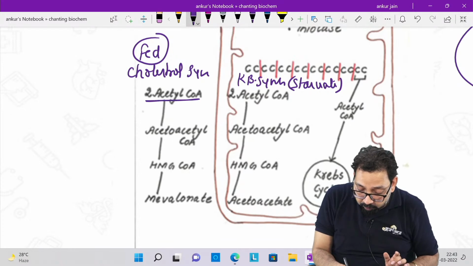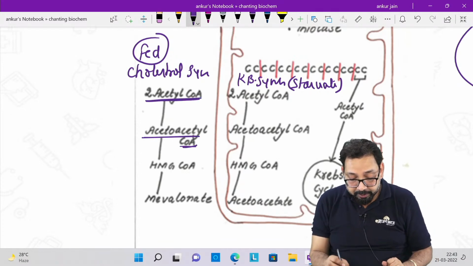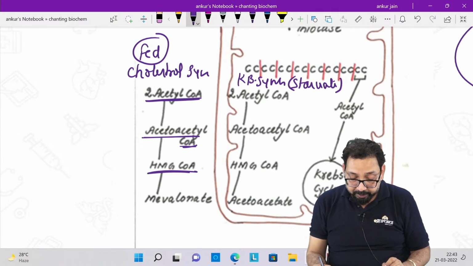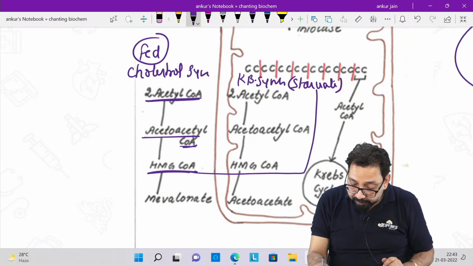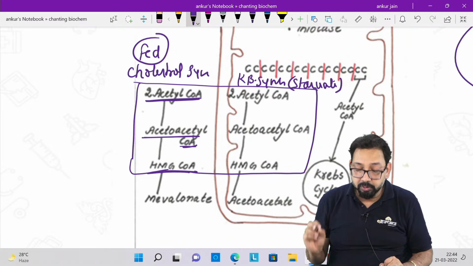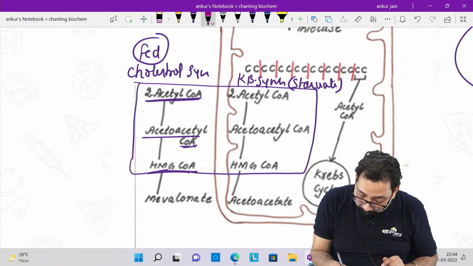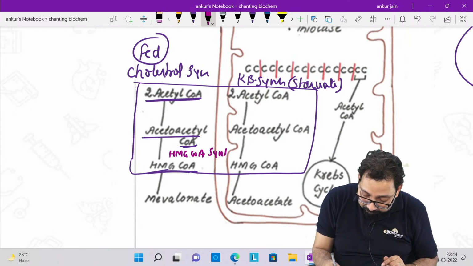Two acetyl coenzyme A join to form acetoacetyl coenzyme A, then HMG coenzyme A. These two steps are common in ketone body synthesis and cholesterol synthesis. So the common enzyme is HMG coenzyme A synthase.